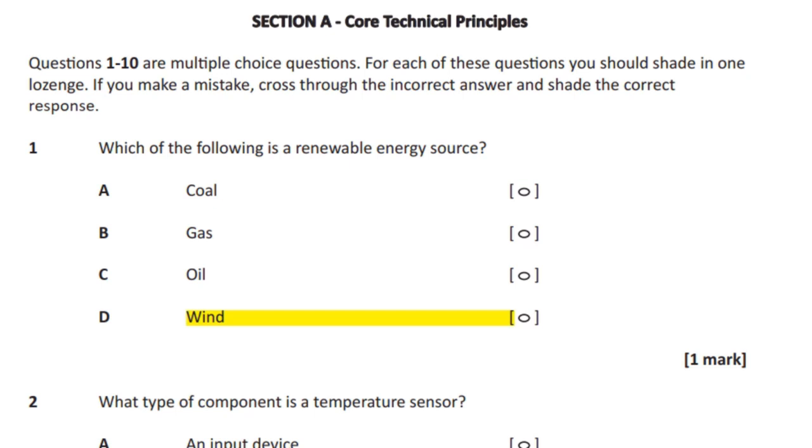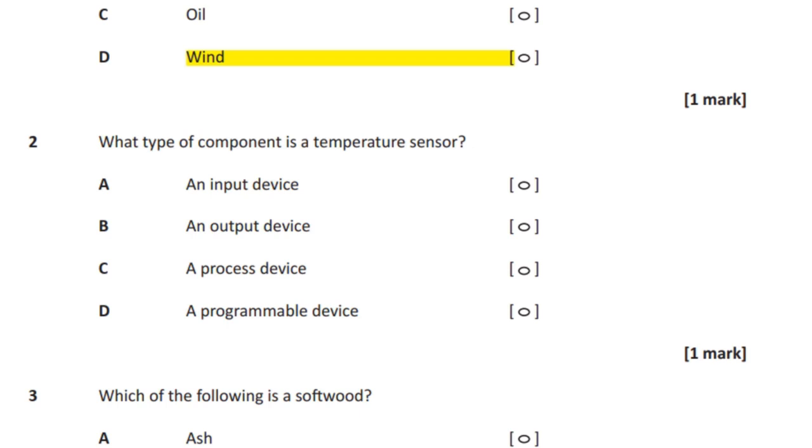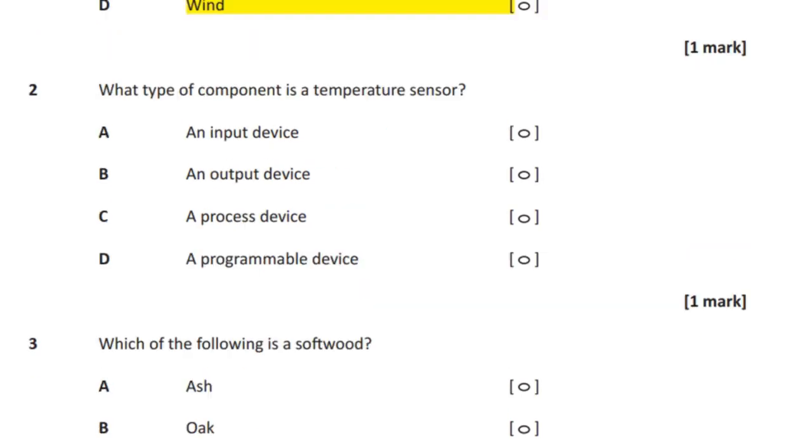So answer D. Okay. What type of component is a temperature sensor? Well, the best way to look at things is if something has the word sensor as part of its name, then that means it's normally an input. So, for example, your eyes, your ears, your skin, your nose are sensors for the human system.